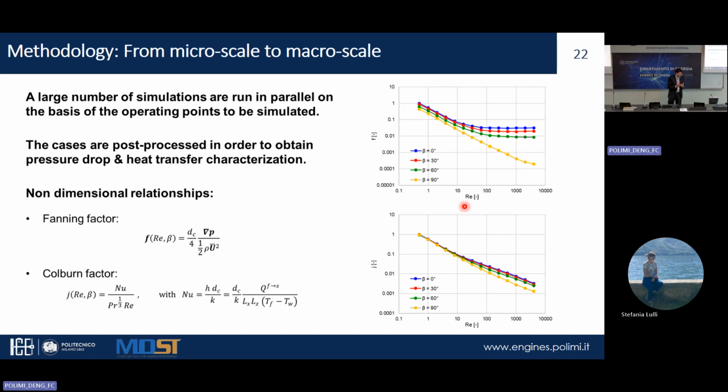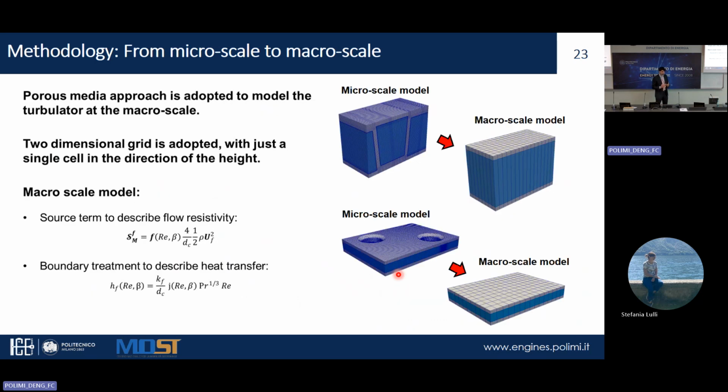So this forces the flow to follow preferential pathways in which the global resistance is reduced. We can do this for the friction and for the heat transfer, using these tables that can be accessed at runtime in the simulation. We can pass from the microscale to the macroscale.